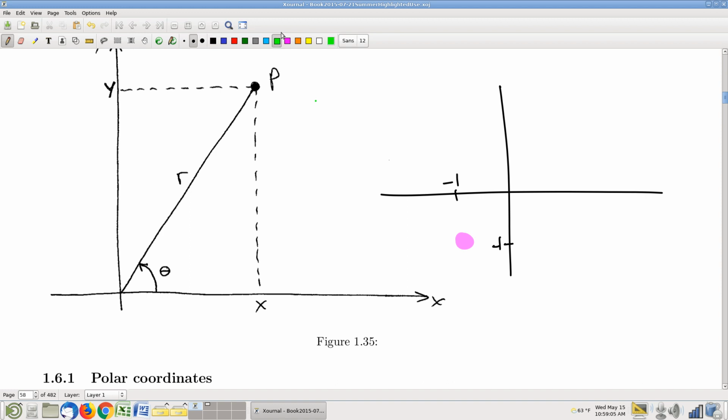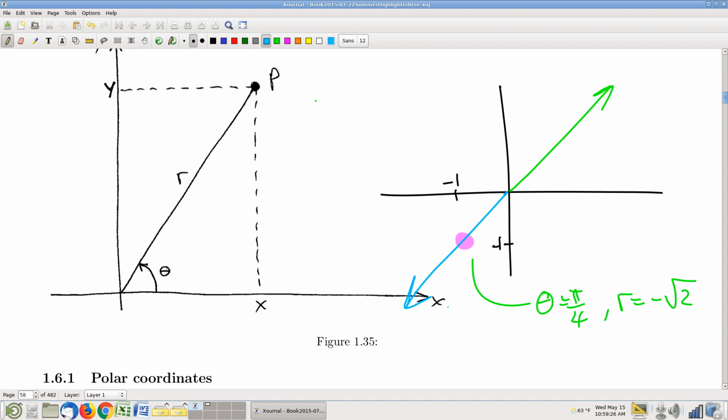I could choose to view that with respect to this value of theta, and I could choose to view this as theta equals pi over 4 and r equals negative square root of 2, no problem. Right? Or I could also choose to view that instead from this point of view as theta equals 5 pi over 4, r equals positive square root of 2. So you've got options in terms of how you describe points with polar coordinates.